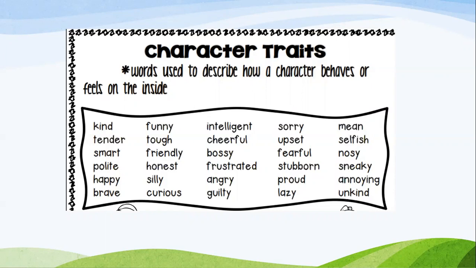Kind, tender, smart, polite, happy, brave, funny, tough, friendly, honest, silly, curious, intelligent, cheerful, bossy, frustrated, angry, guilty, sorry, upset, fearful, stubborn, proud, lazy, mean, selfish, nosy, sneaky, annoying, unkind. This is not all the character traits that are out there. These are just some of them.